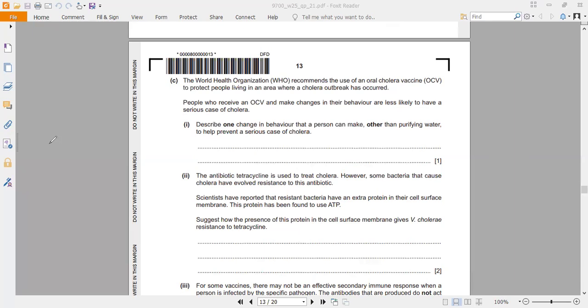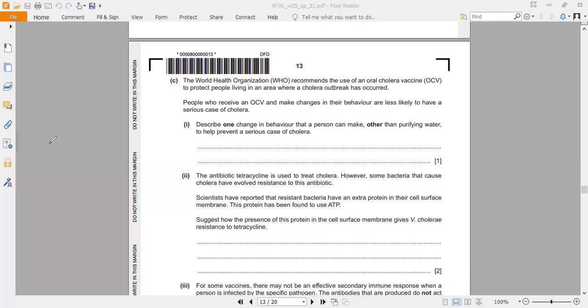So people who receive an OCV and make changes in their behavior are less likely to have a serious case of cholera. Describe one change in behavior that a person can make, other than purifying water, to help prevent a serious case of cholera. So here, a behavior change to protect ourselves from cholera.